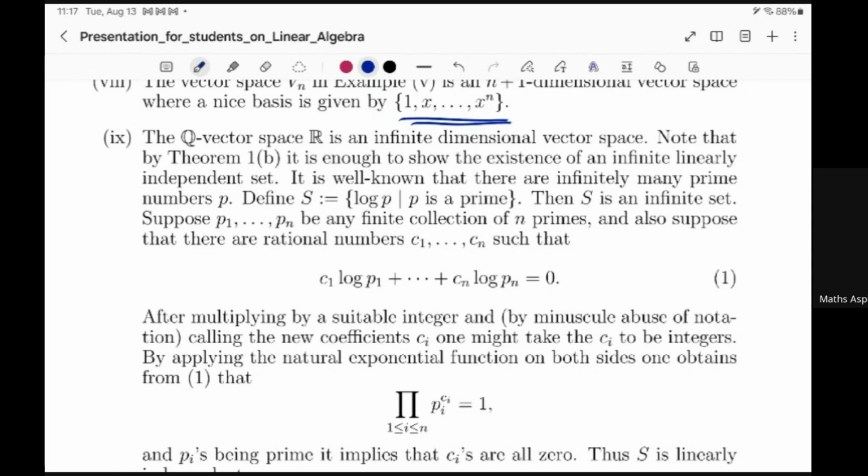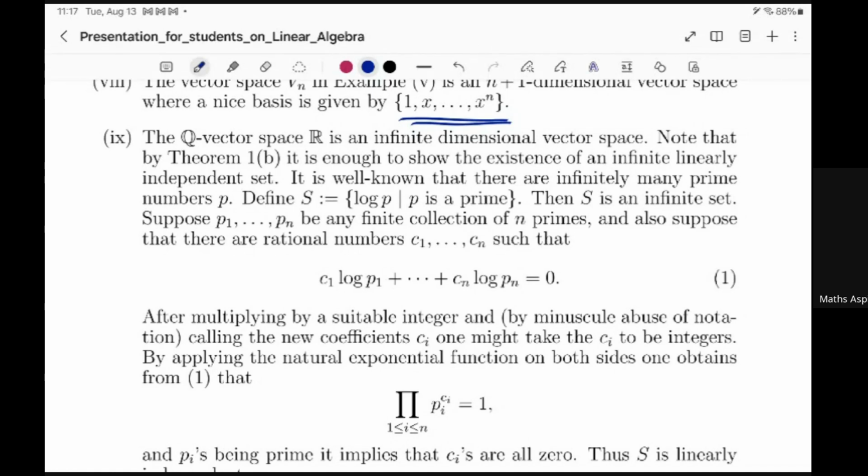So if I can produce an example of a subset of R which has infinitely many elements and which is also linearly independent, then it will follow from the statement that I mentioned that the vector space R over Q will be infinite dimensional, because if there is at least one in a collection of infinitely many elements which is linearly independent, then there is a possibility of building it up.